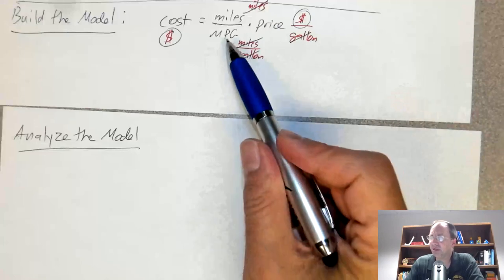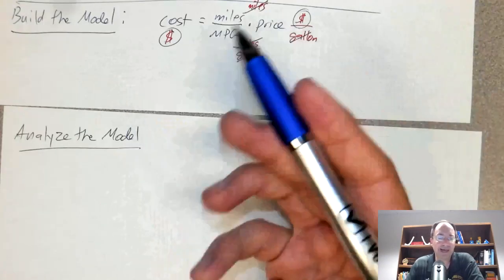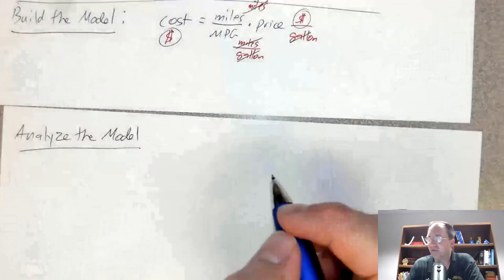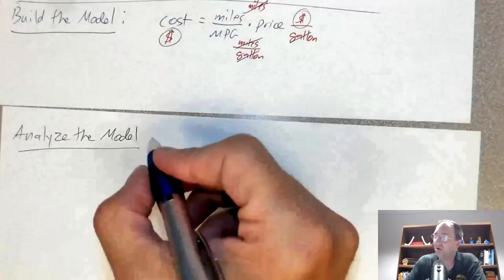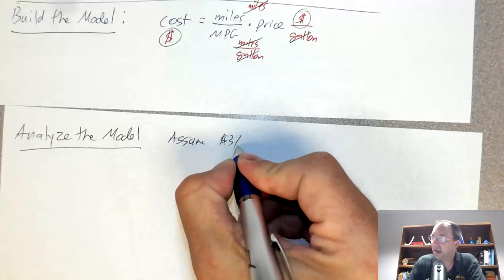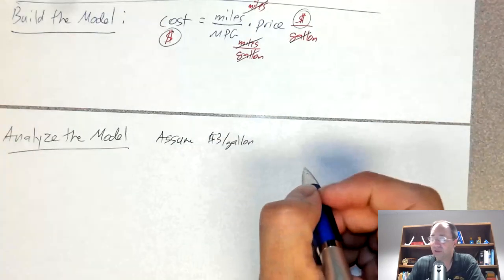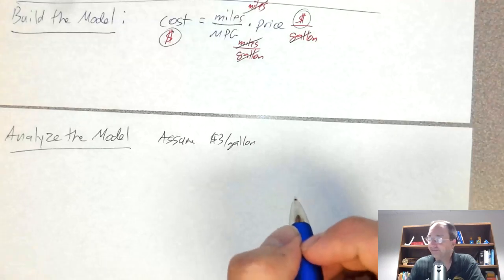So for example, MPGs, I mentioned my car gets around 20, but it's not exactly 20 all the time. Or on the highway, it's not always 35. Or the price of gas. For our problem, let's assume $3 per gallon. But of course, it's not always $3 a gallon. So that's not going to be a perfect value either.